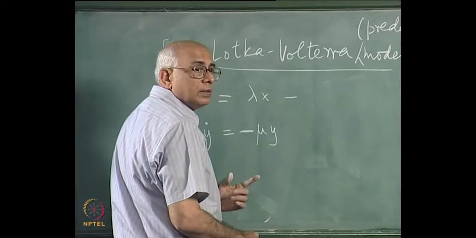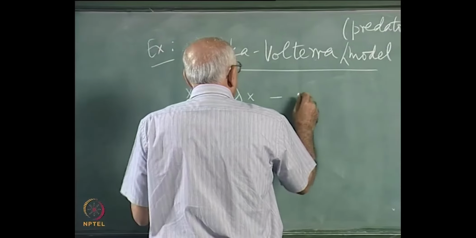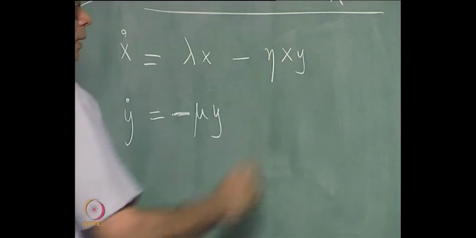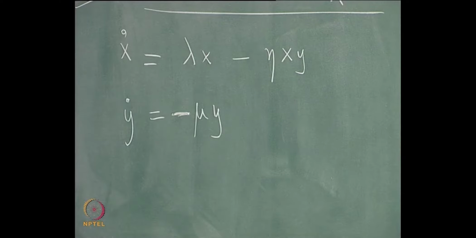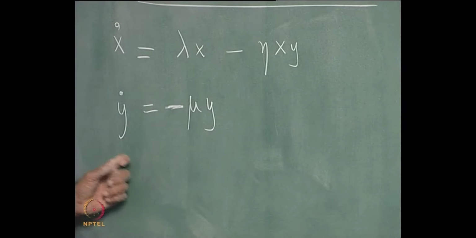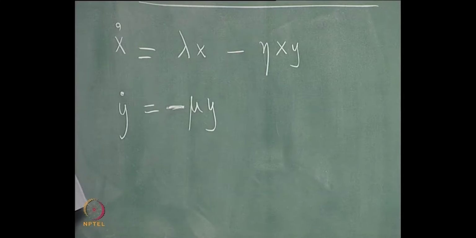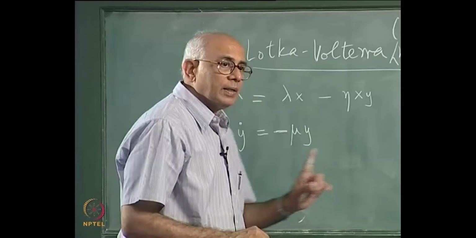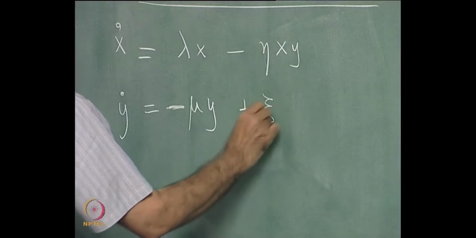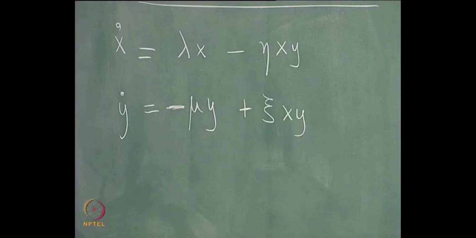So minus some new constant, let us call it eta or something like that, times xy. The foxes of course would prosper since they interact with the rabbits, and they would increase at a rate which is proportional to the existing population of rabbits with a plus sign, and therefore this would have a plus some other constant, say xi times xy, where all these four constants are positive constants.